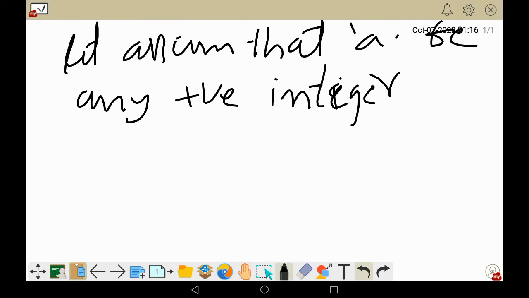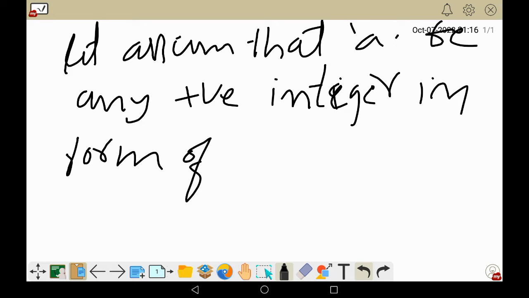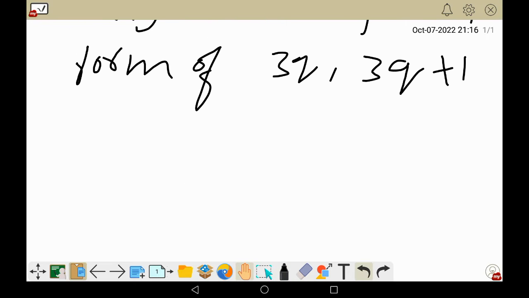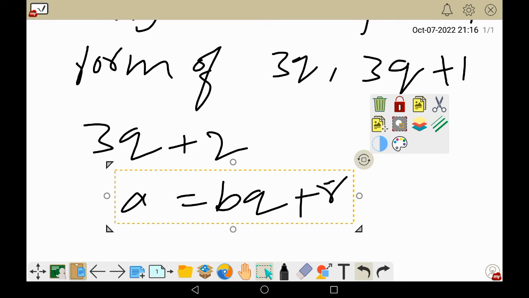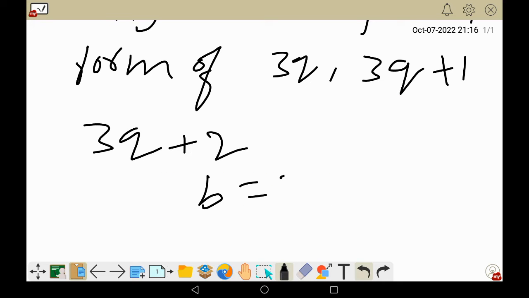In the form of 3q, 3q plus 1, and 3q plus 2. Comparing this with the division lemma equation A is equal to BQ plus R, we get the value of B is equal to 3.